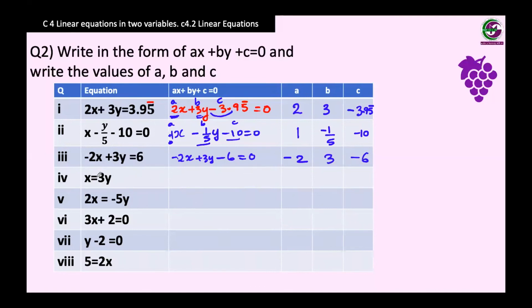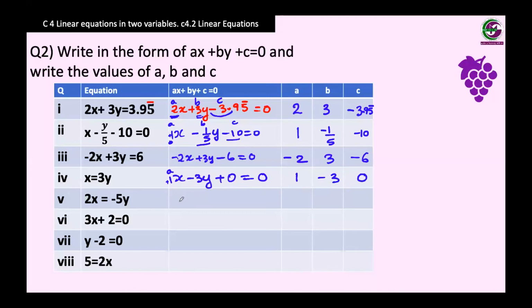Now, in this question number 4, we have to take y to the left side, so which is negative 3y. And we don't have a constant, so we can insert a 0, which is equal to 0 again. So the coefficient of x is 1. So a is 1, b is negative 3, and c is 0.